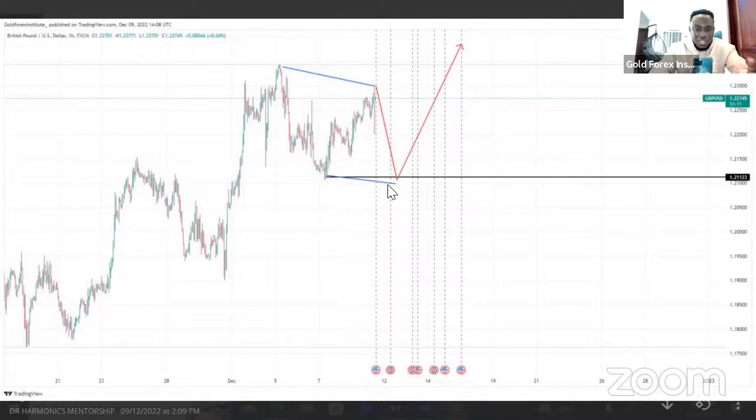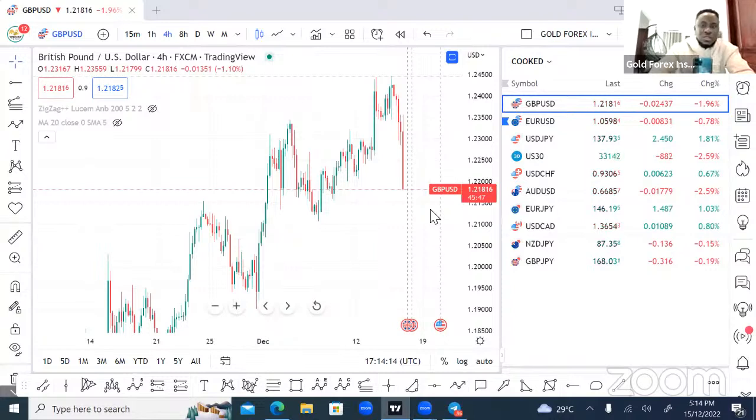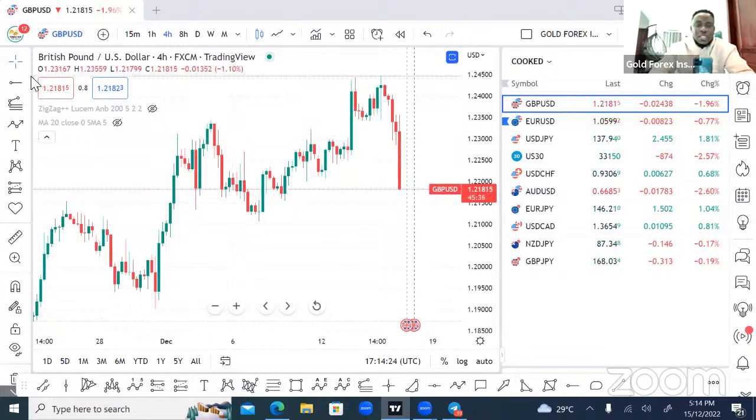So the correction is what we are looking for, and that is what is forming over here, an ABC correction. Now it's formed A, went up all the way to this level. Now it's forming B; this could form more or less like an expanded flat correction like this.